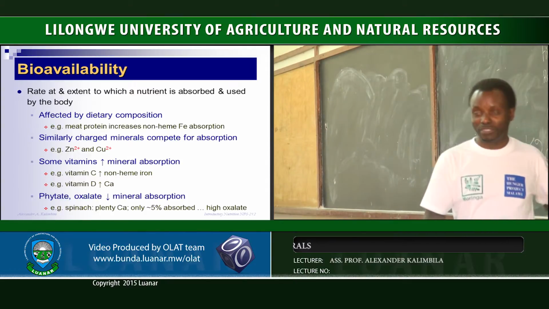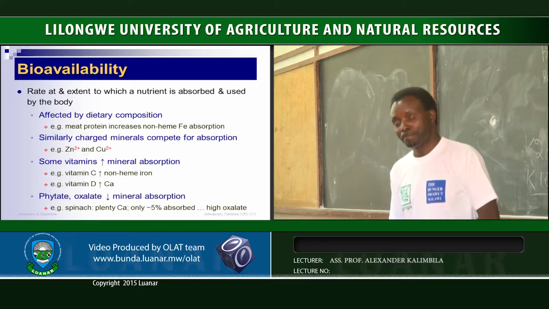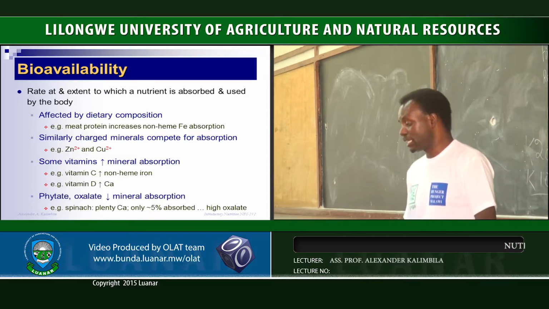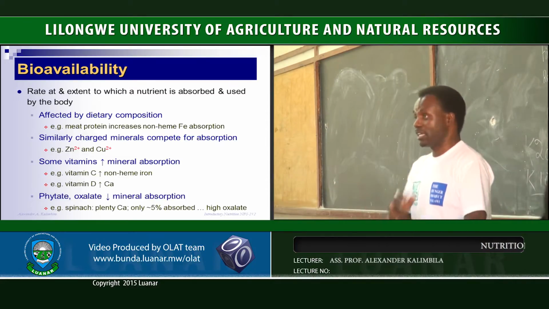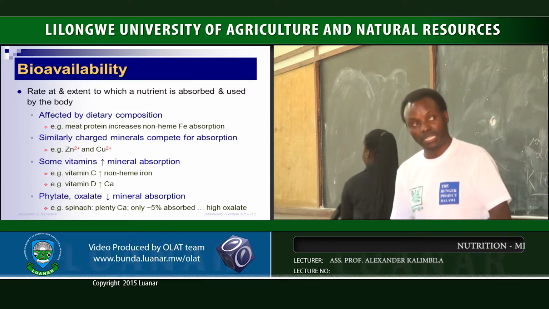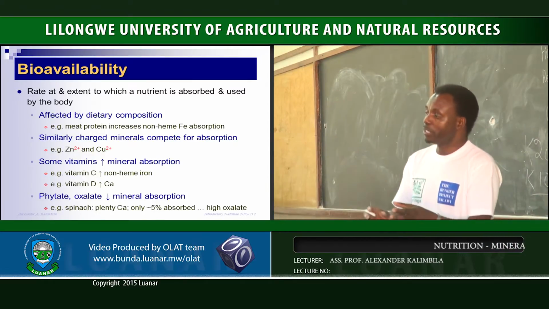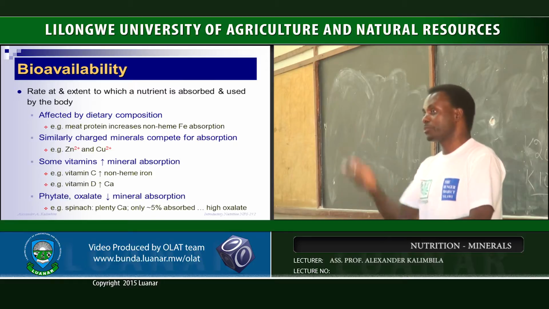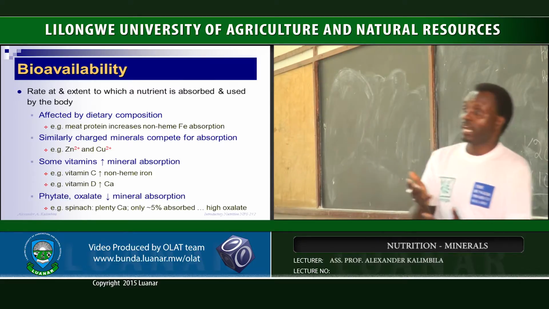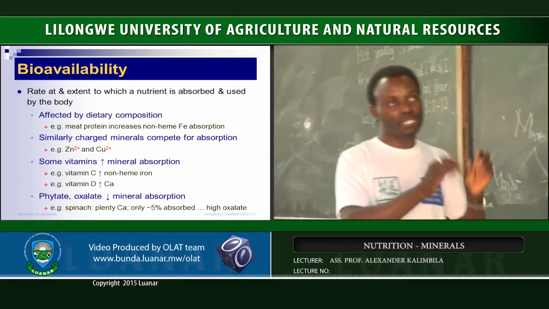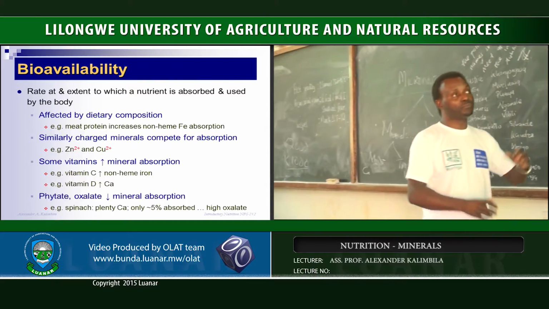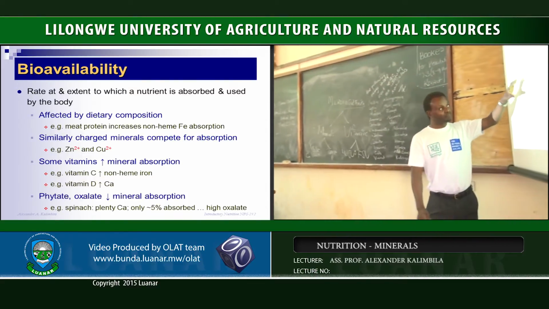There are also other factors that I will explain later. But just having a little bit of meat in the diet, the absorption of non-heme iron is enhanced. So it means that bioavailability of iron is improved by having meat protein.